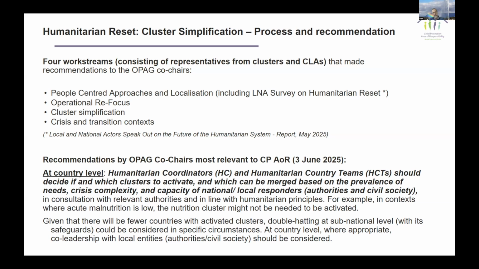When they looked at cluster coordination, they said that the protection cluster needs to be lightened and may need to be simplified by reducing the number of AORs. They didn't say we should get rid of the AORs altogether, but we should at least reduce the number of AORs.